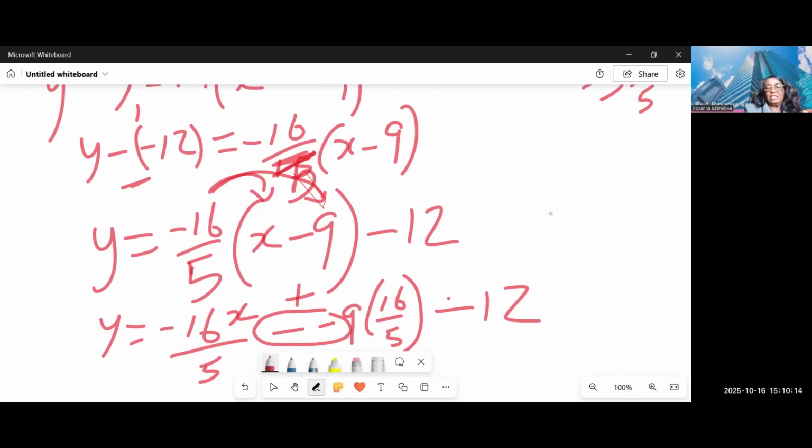Or I can actually use the lowest common denominator here on the right-hand side. So this is my negative 16x over 5, and nothing will touch it.